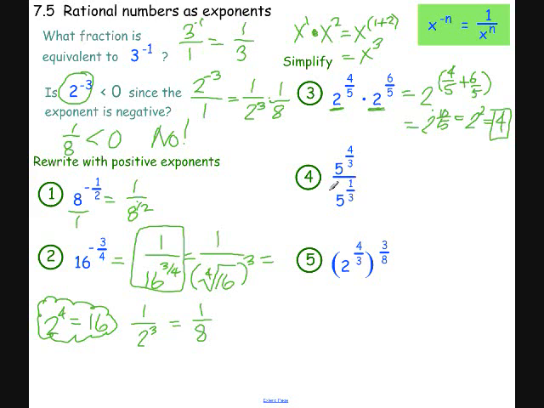How about this one? We're going to think about the rules of exponents. Remember when you multiplied, like up here, x to the first power times x to the second power, you were adding the exponents to get to the next stage.